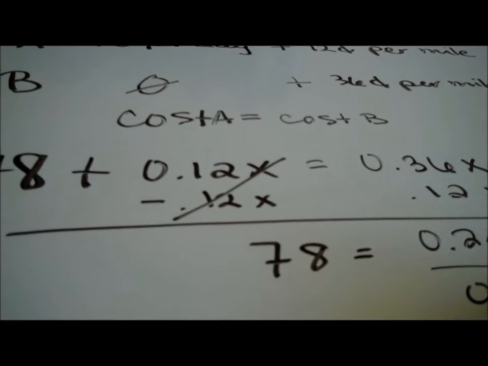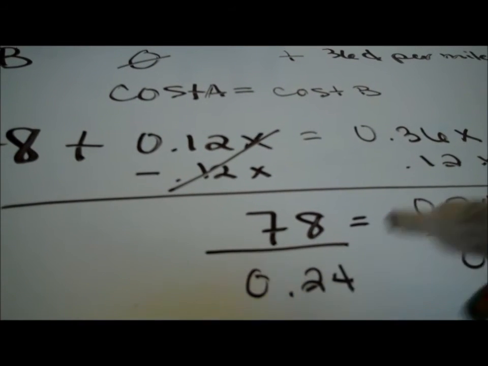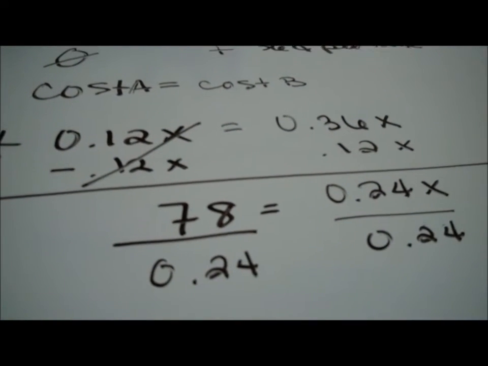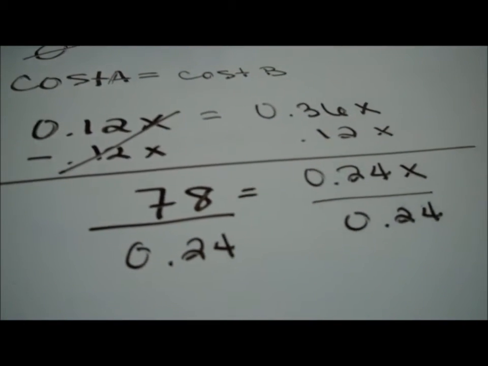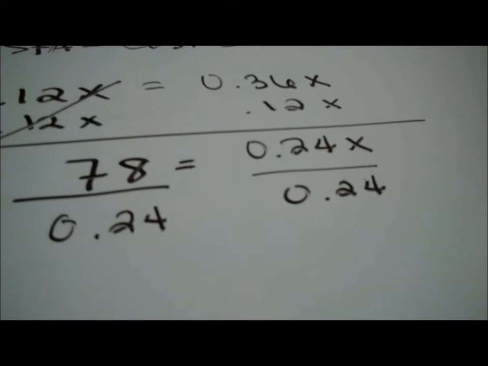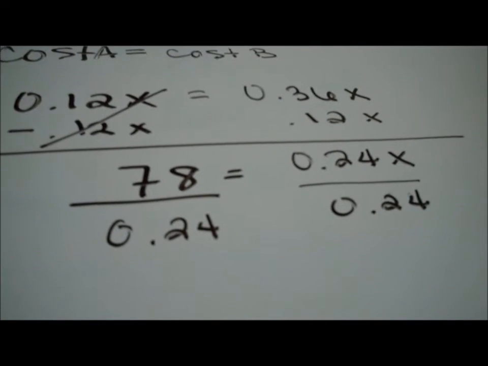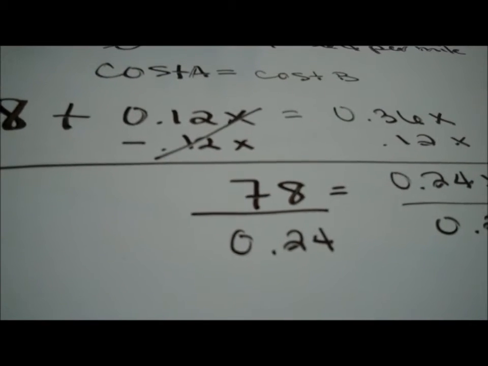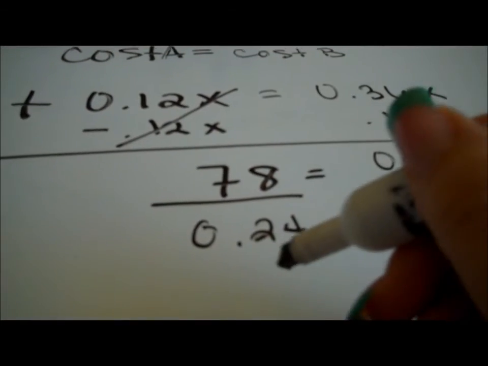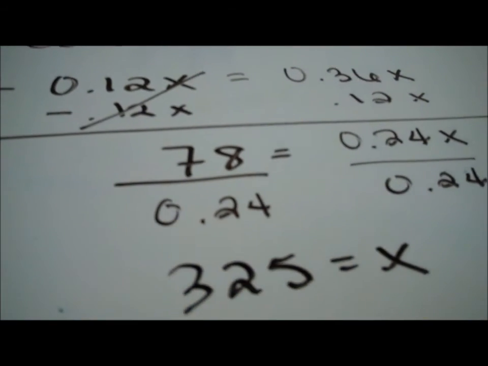I divide both sides by 0.24 because, again, that's the opposite of the multiplication that is going on right next to the x. And then with my fancy dancy calculator, okay, so when we divide that, we get 325 miles.